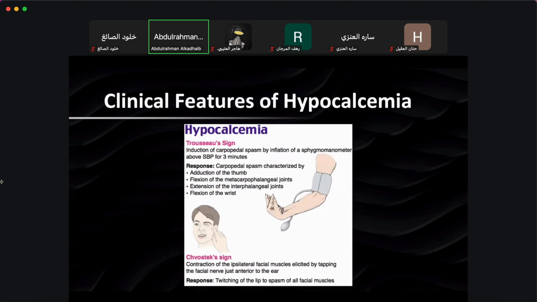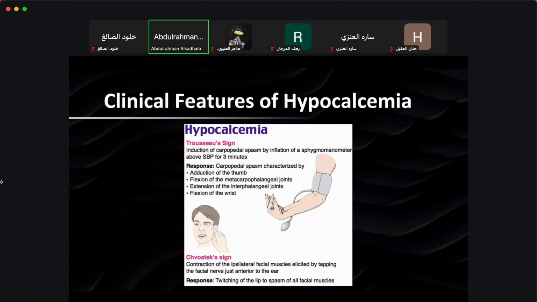Basically, because low calcium level may lead to overstimulation of the neurons or the muscles in those patients.